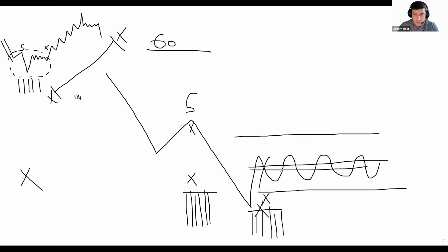It looks like a range on the 60 minutes, but on the higher time frame, it may not look like that. Because the higher time frame is not ready yet, and this belongs to a higher time frame, the 60 will show you a sideways movement. But you get that information from the two-sided volume on both ends.